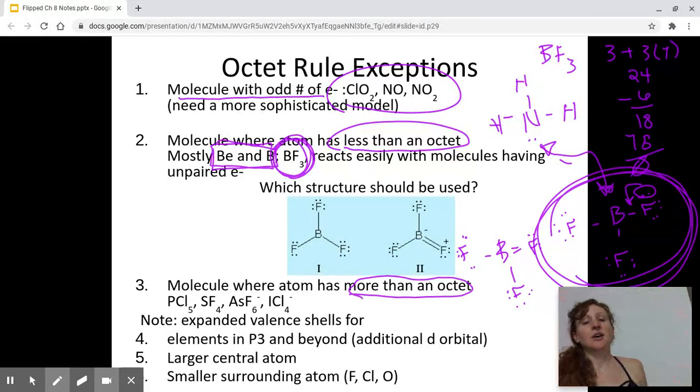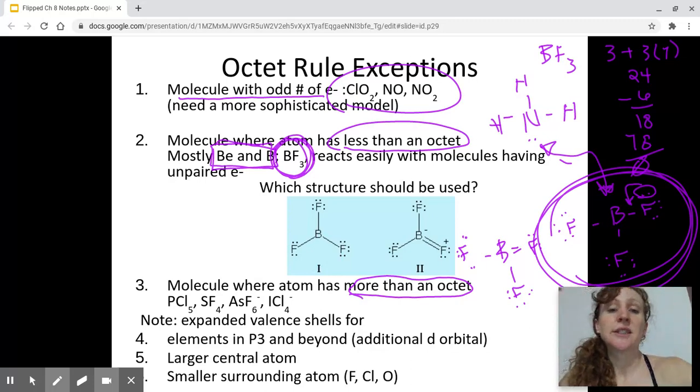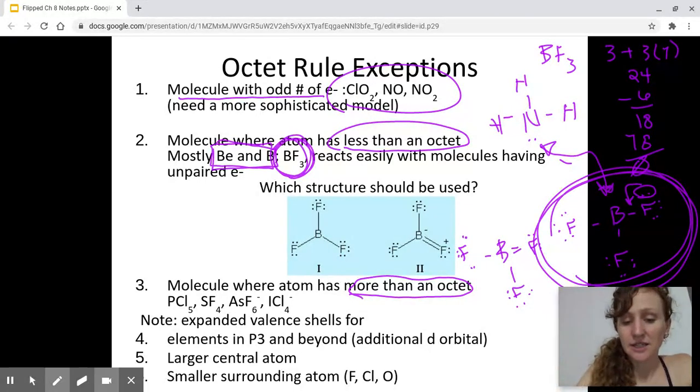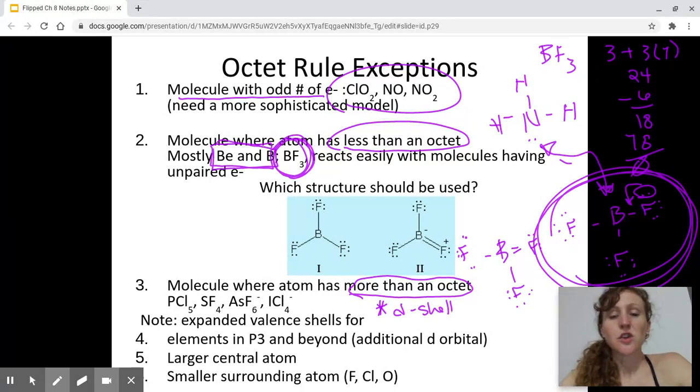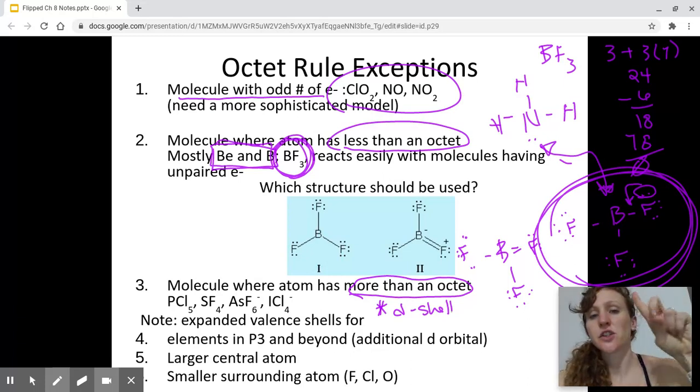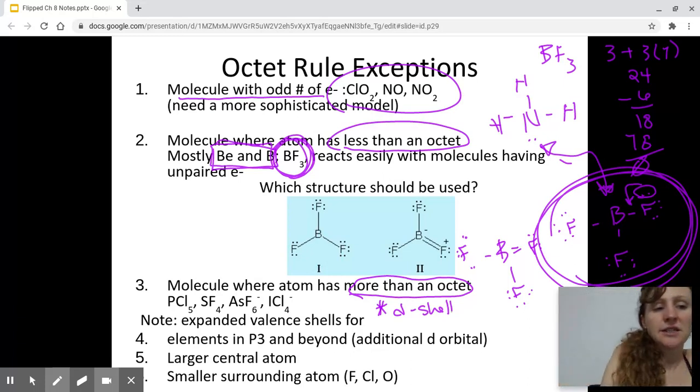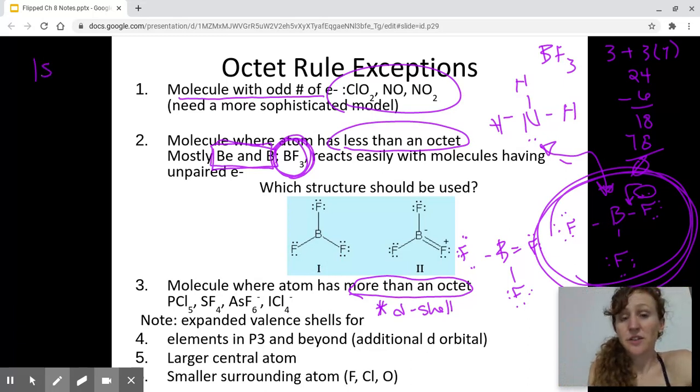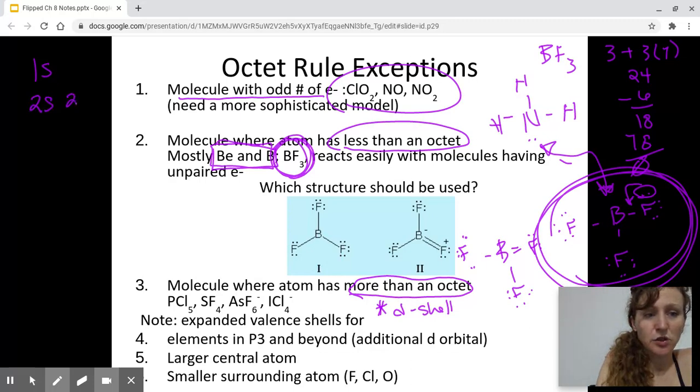Okay, now only certain atoms can do this also, and the catch here is you have to have a D shell available. So notice that nothing in the first or second energy levels is going to be able to do this because the first energy level just has the 1s shape. The second energy level has 2s and 2p.